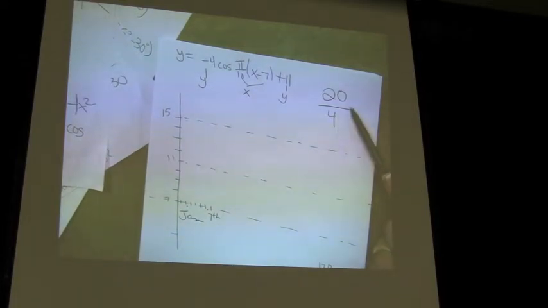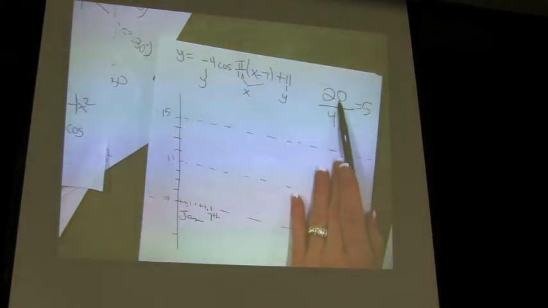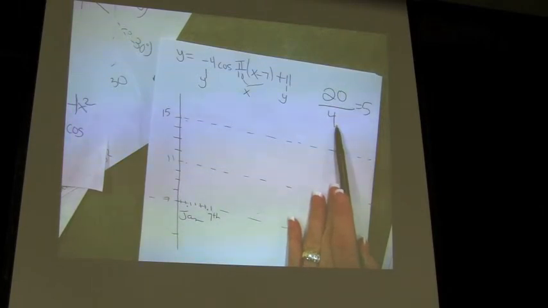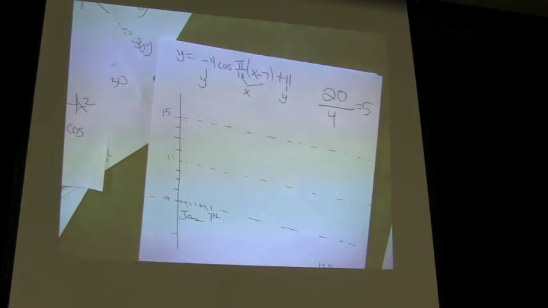Since this happens to her every 20 days, it moves every 5 days. You always divide the period by 4, just like the normal unit circle. And that means the graph's going to move every 5 days in this case. Do you understand why 5 days? Because the period was 20. You always divide by 4. Always. Okay? So here's January 7th.